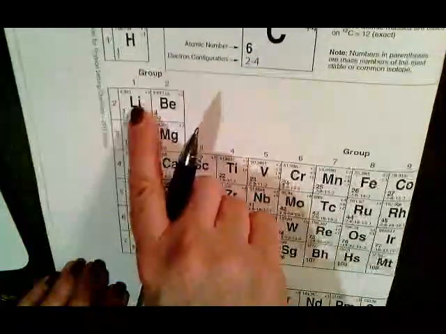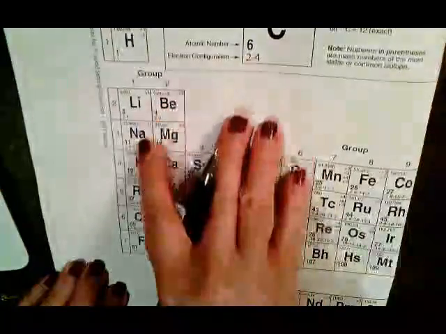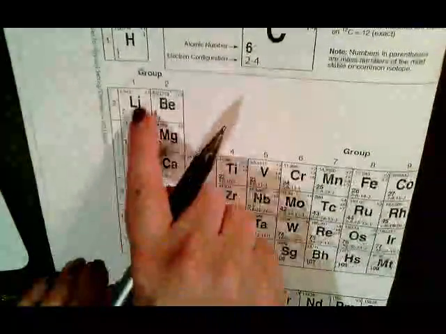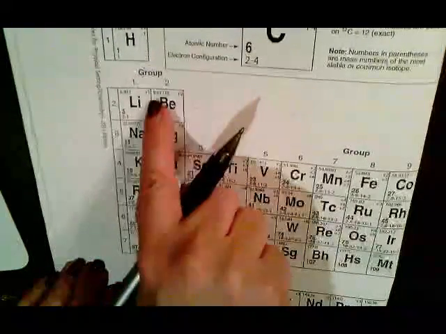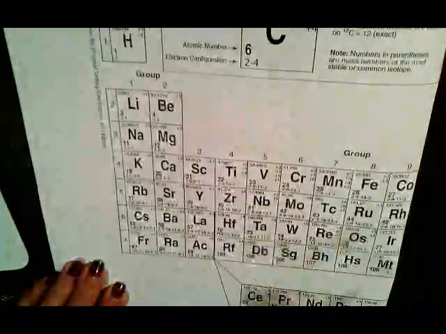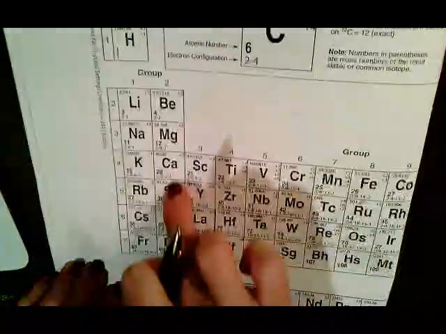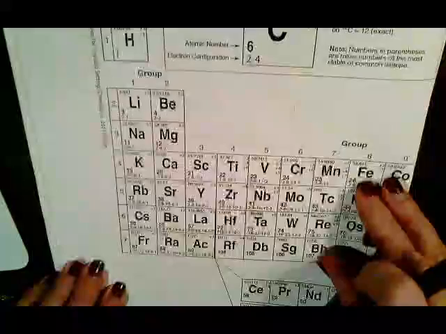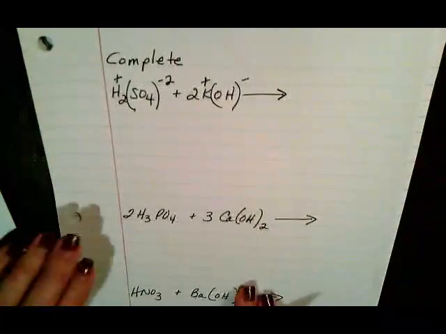Metals are on the left, they lose. So it's very, very important that we recognize that these charges tell us the number of electrons lost. And remember, alkali metals, alkaline earth, transition.